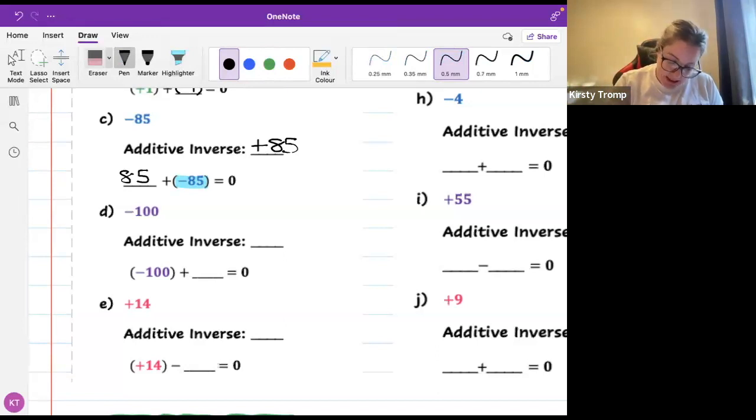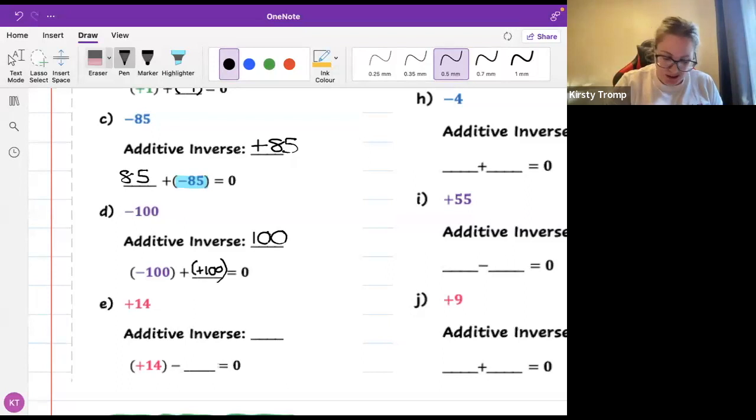Okay, number D, negative 100. The additive inverse for negative 100 is positive 100. Now we have some options here. We can either say negative 100 plus, in a bracket, plus positive 100 like that, but that just looks silly.